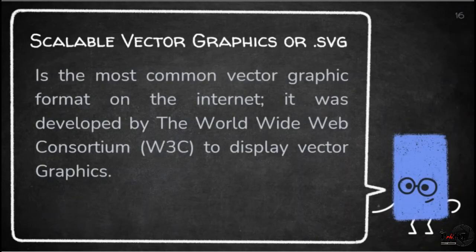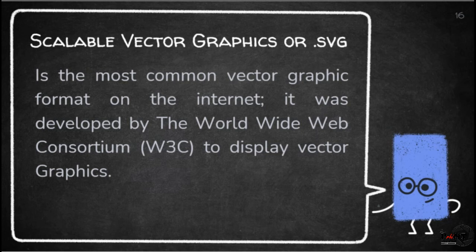The last example for vector file format is the SVG, or the Scalable Vector Graphics. It is an XML-based vector image format for two-dimensional graphics with support for interactivity and animation.